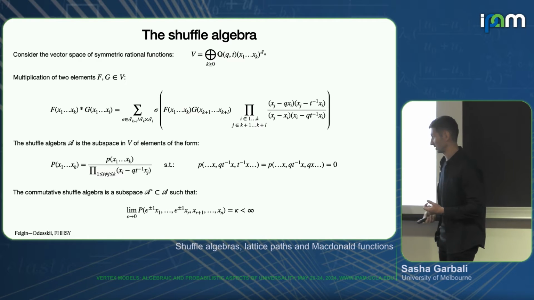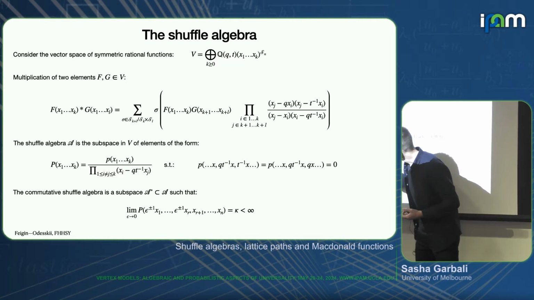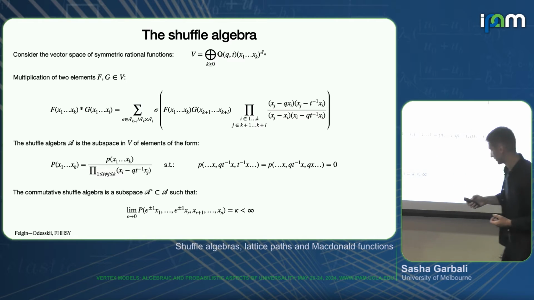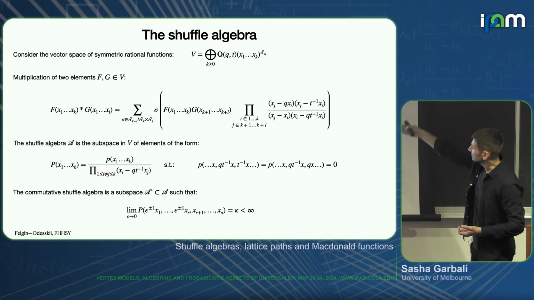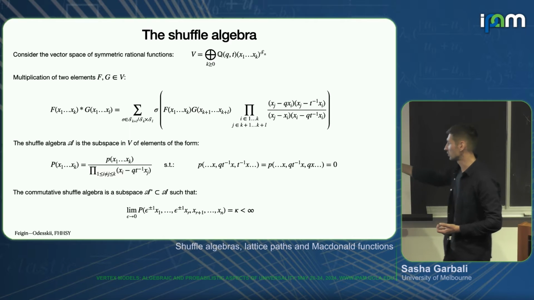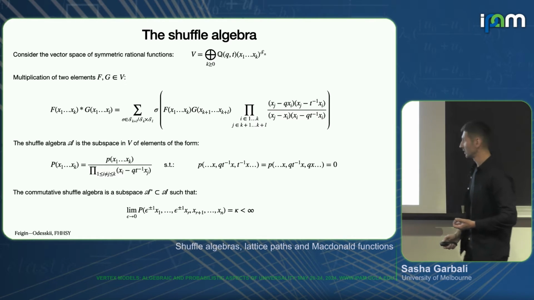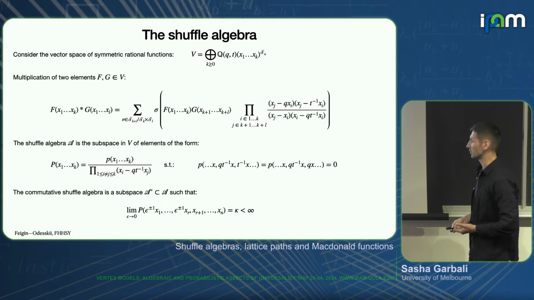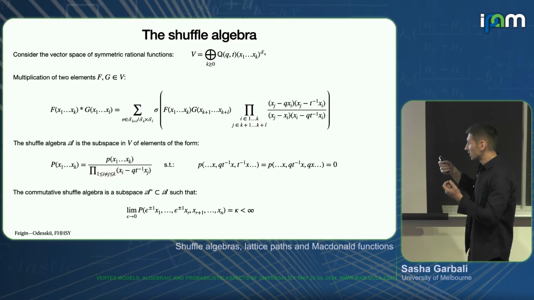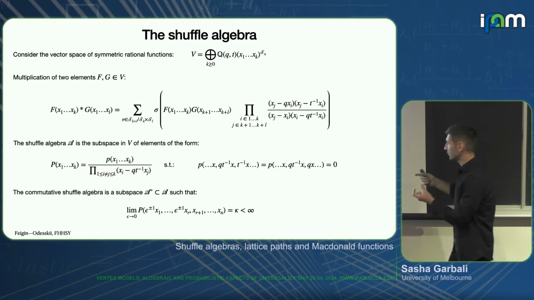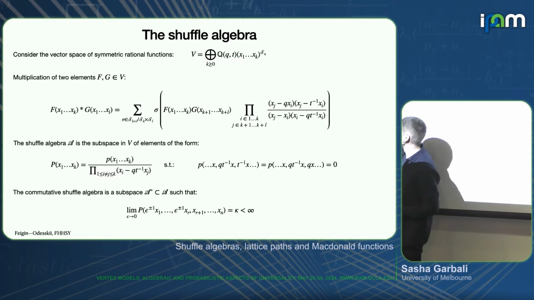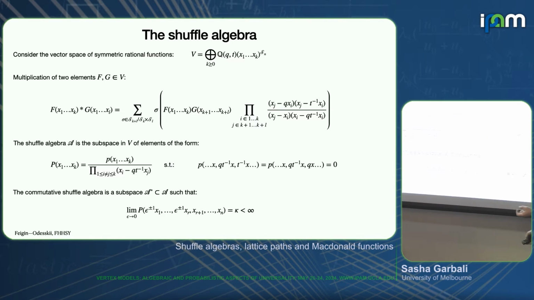And those limits have to coincide. This was a result of a few big papers. So in the rest of the talk about this shuffle algebra, I will focus on the commutative subalgebra. So everything I will talk about later will be about rational functions which commute with respect to this product.